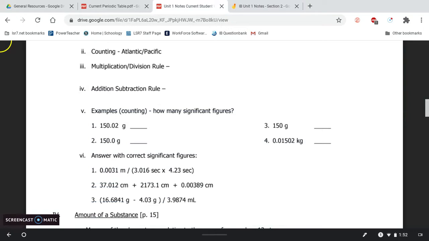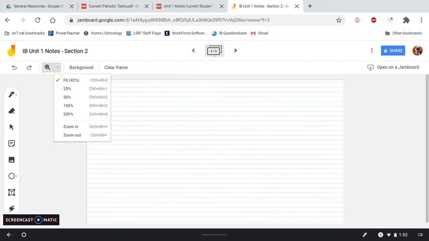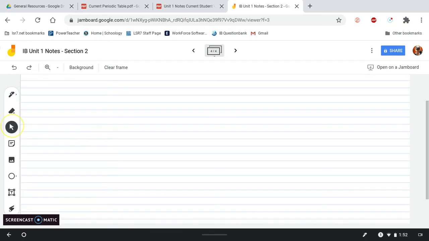So I'm going to show you how to do this with some examples. We're just going to come up with some quick examples to help us out, and then we're going to go from there. Let's say you're in the lab and you are finding density.